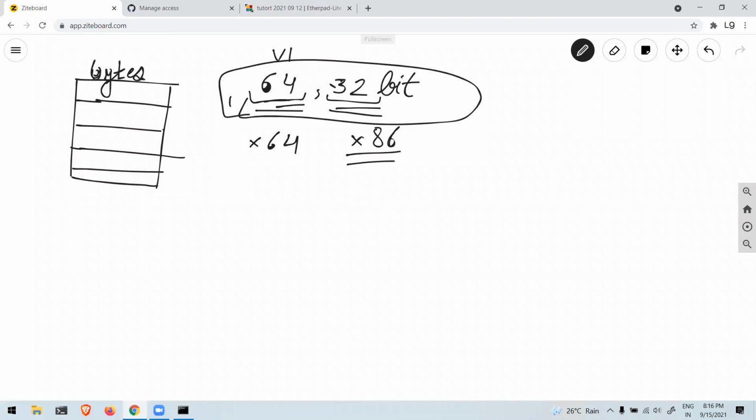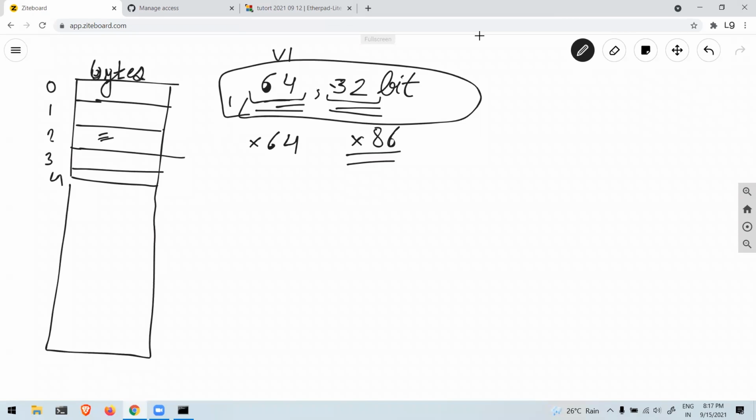Let's say that data is stored somewhere. How would it identify where it is stored, and how will it tell the RAM to get this particular byte only? It would number these bytes: this is byte 0, this is 1, this is 2, this is 3, this is 4, and your system has a lot of bytes, so it will be a big number.